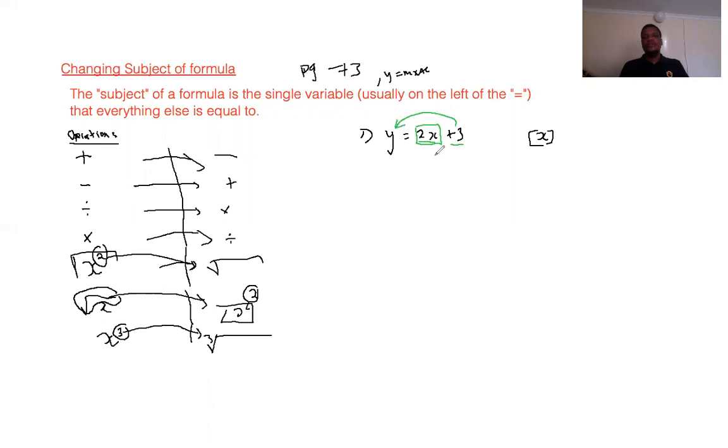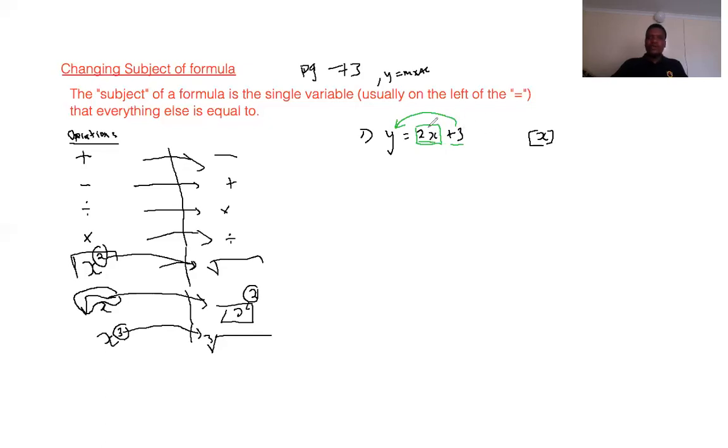That means if you had more terms that had your subject, maybe we had another term here, maybe x, you're going to move this x to one side. So basically you want to make sure that the terms that contain your subject are always on one side of the equation and the rest on the other side. Okay? I will show another example that will maybe address what I just said.